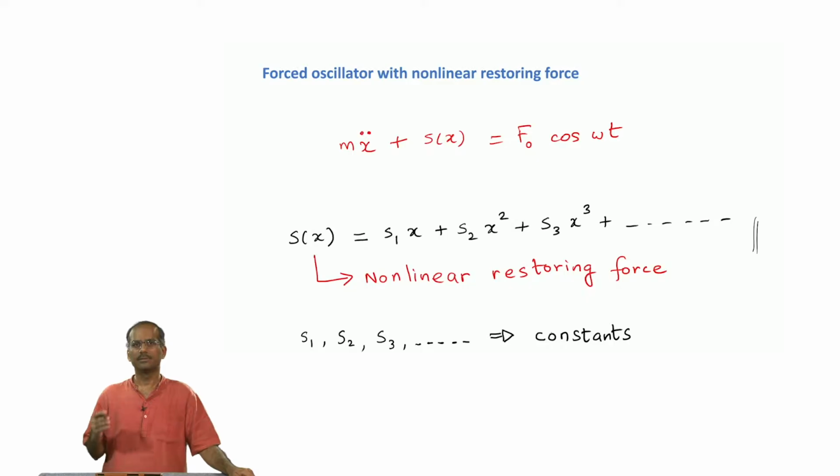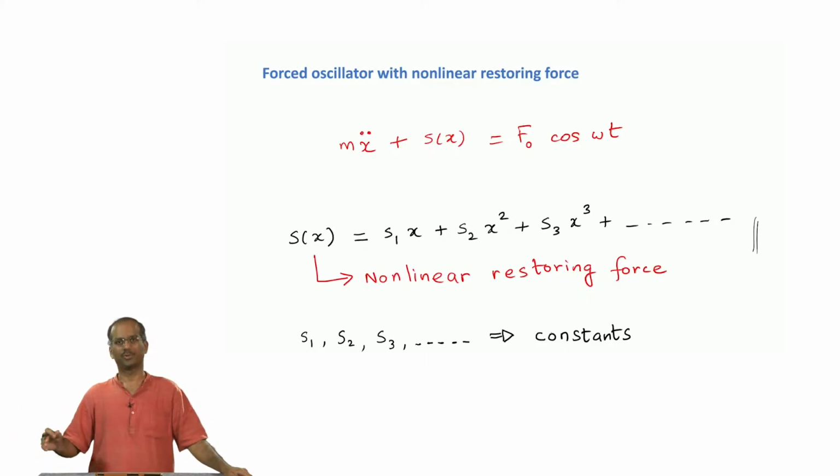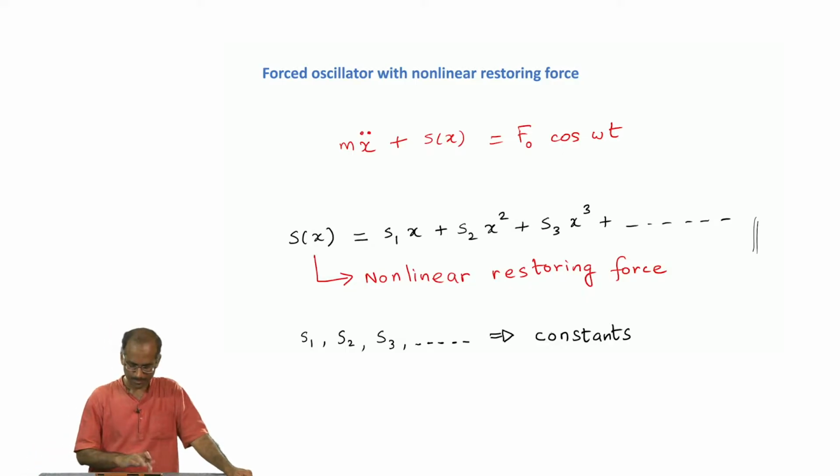It is given in terms of an infinite series like S1 x plus S2 x square and so forth, and these numbers S1, S2, S3 and so on are all constants.